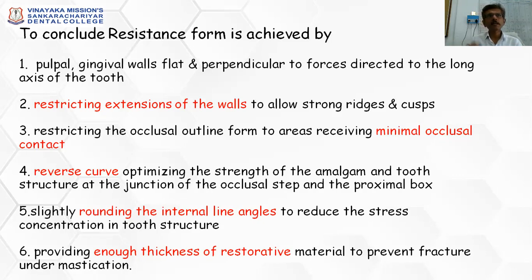That is, in a class 2 restoration, the highest chance where the tooth restoration can fracture is at the box area, the isthmus area, that is the area that is directly perpendicular to the gingival seat.